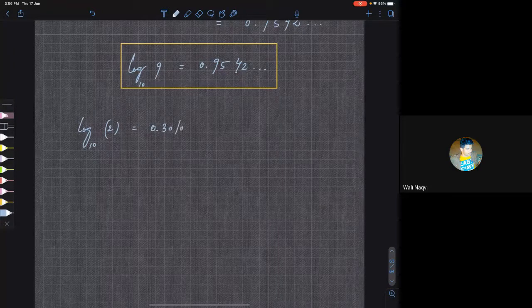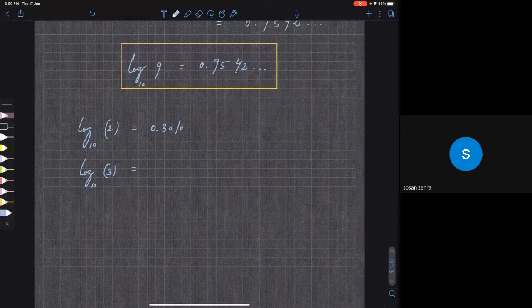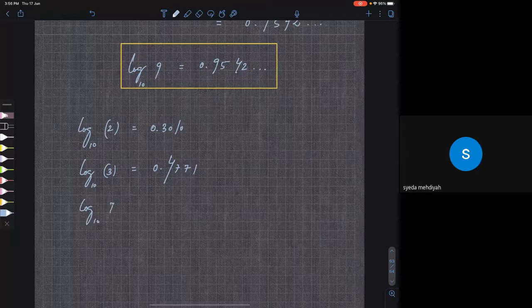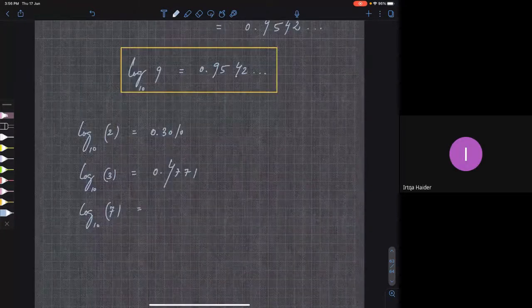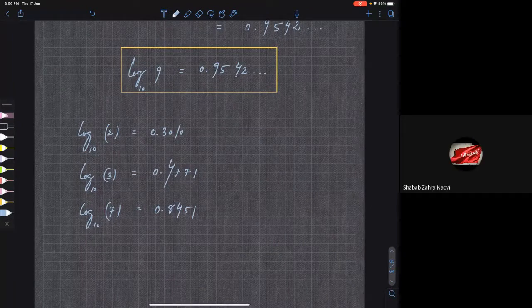Log of 3 is how much? 0.4771. And log 7 is 0.8451. From these values, you can take out almost all the values.